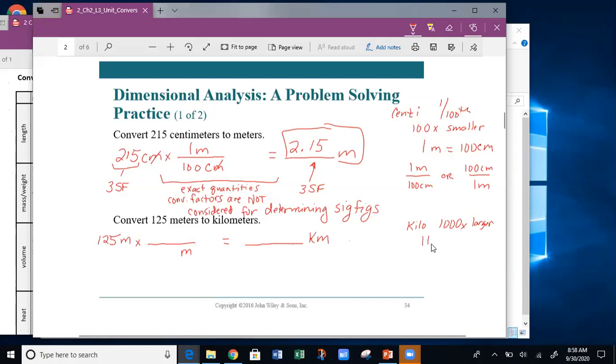So 1 kilometer is 1,000 meters. My meters unit cancel, and my answer will be 0.125 kilometers.